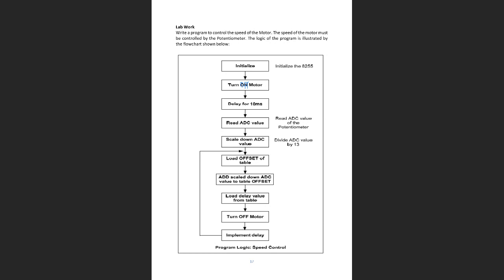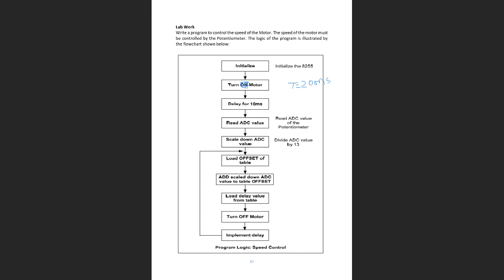Turn off the motor first, and for example, T, the total period of the pulse, is 20 millisecond.